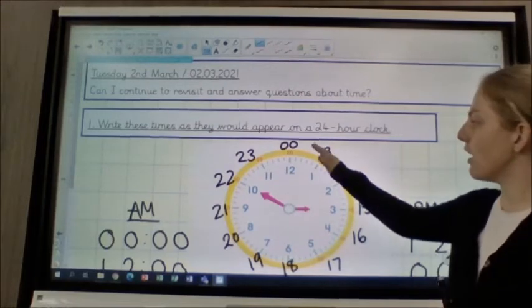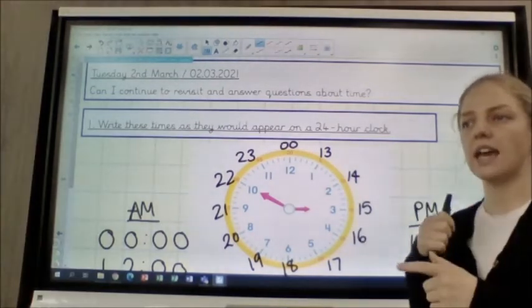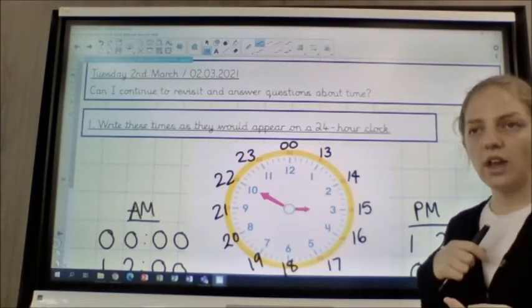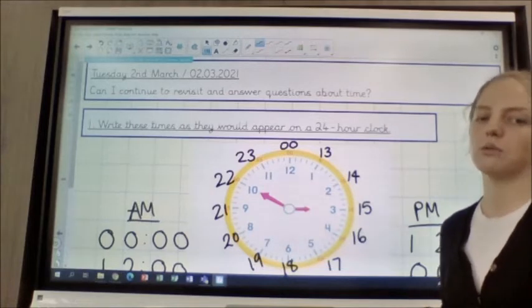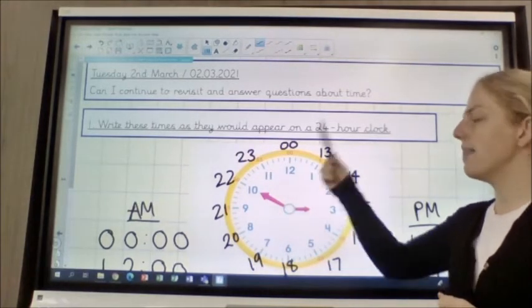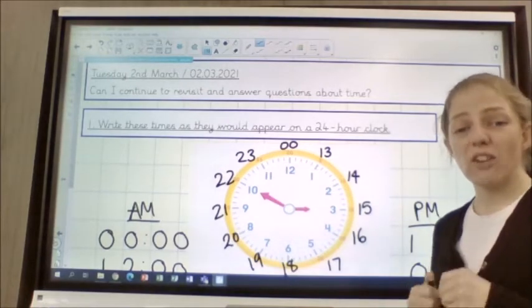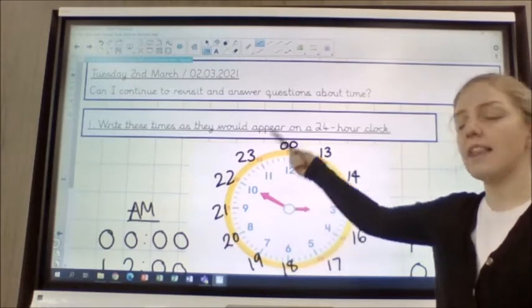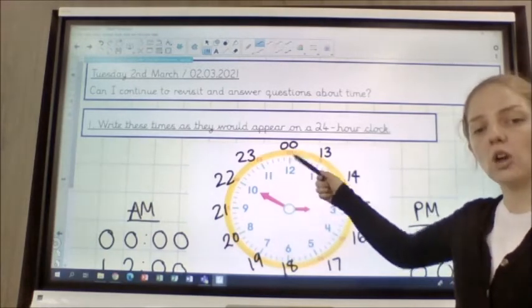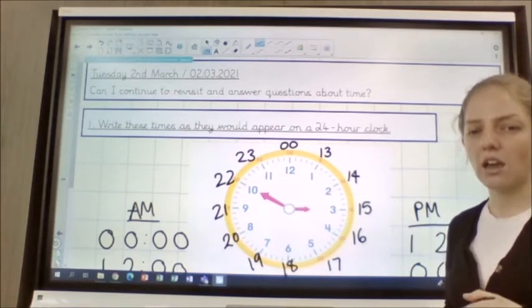So 0, 1, 2, 3, 4, 5, 6, 7, 8, 9, 10, 11, 12, 13, 14, 15, 16, 17, 18, 19, 20, 21, 22, 23, and then 0 again. So when you have your digital clock, because there are 24 hours in a day, it goes up to 23, and then for the 24th hour, it goes back to 0 and resets itself for a new day, okay?